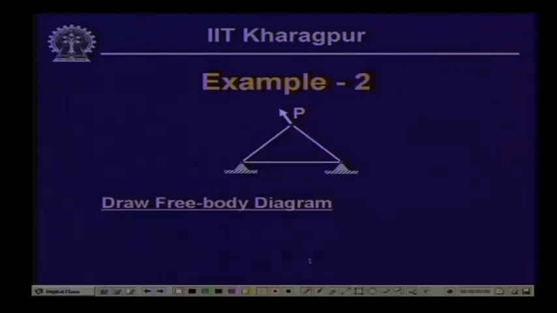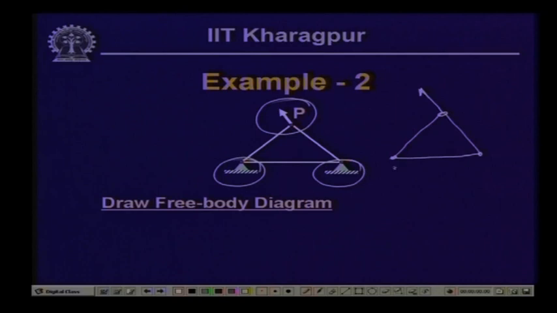Also, if we like to draw the free body diagram for this particular structural form, which is bars subjected to this load P, as we have done, we make this structural form free from the supports, and thereby we get the reactive forces.